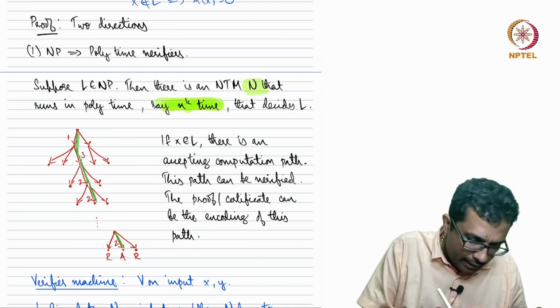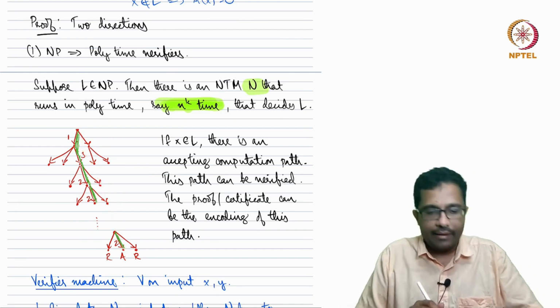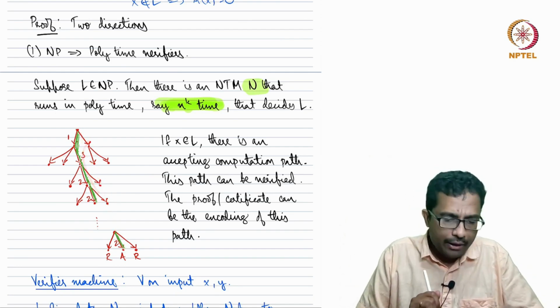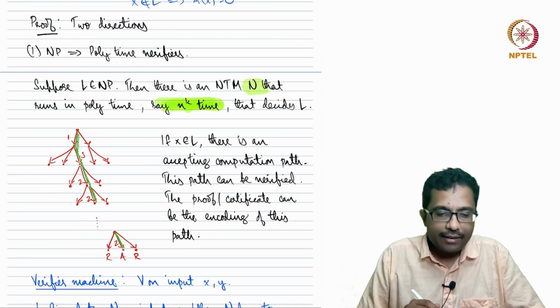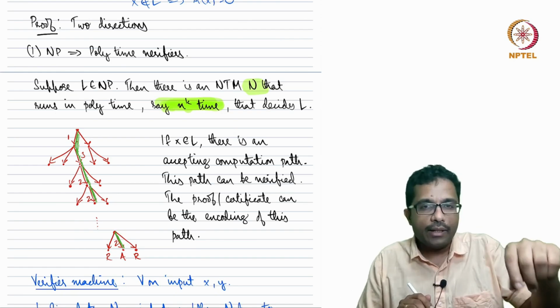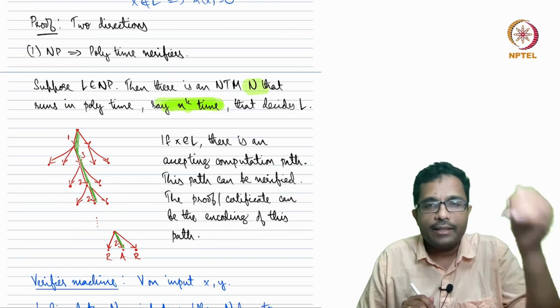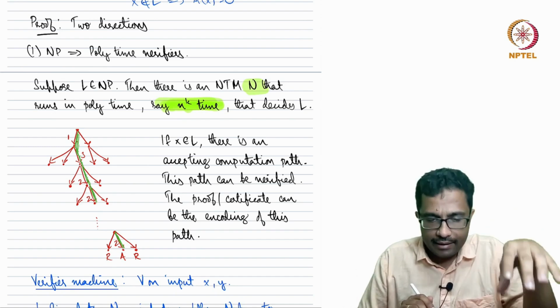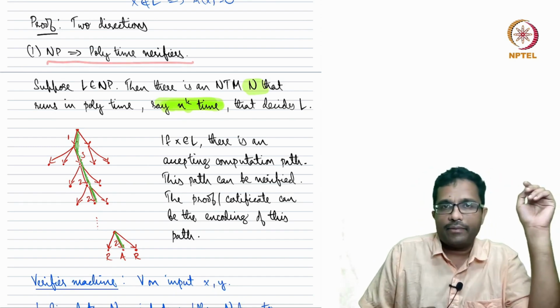Instead, just walk through this path and check that it accepts. Once you do that, you can be sure that this string is accepted. The only thing I need to do is tell you which path leads to acceptance. This is the idea that we can use to prove this direction.